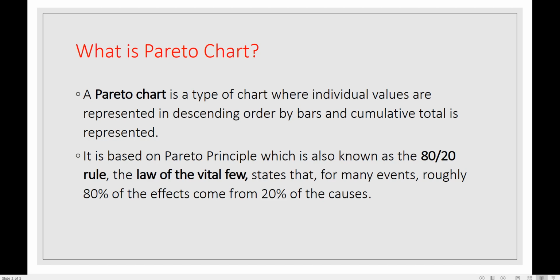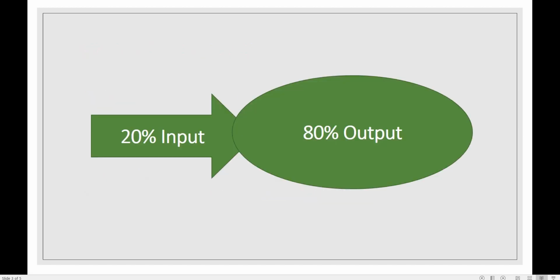For example, if a company wants to find the reasons for failures, it can focus on the 20% of defects which are responsible for 80% of the failures, so that it can work on those few defects to increase the efficiency of its system. In this kind of chart, we focus on the 20% of inputs which contribute to 80% of the output.